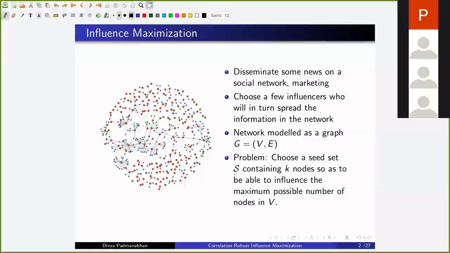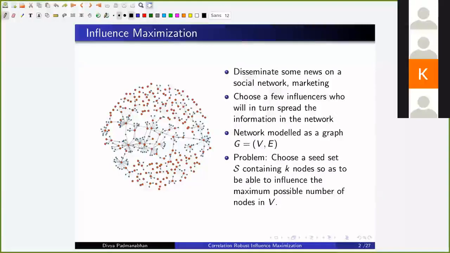The seed set is limited by the number of nodes it contains, so there's a limit of this number K. This is primarily based on things like budget constraints, because for each influencer you hire, you typically have to spend some amount. So you are restricted by your budget, and that's why there are just K nodes.